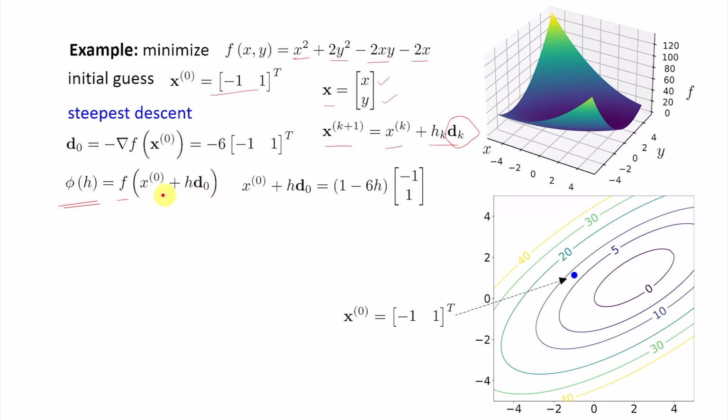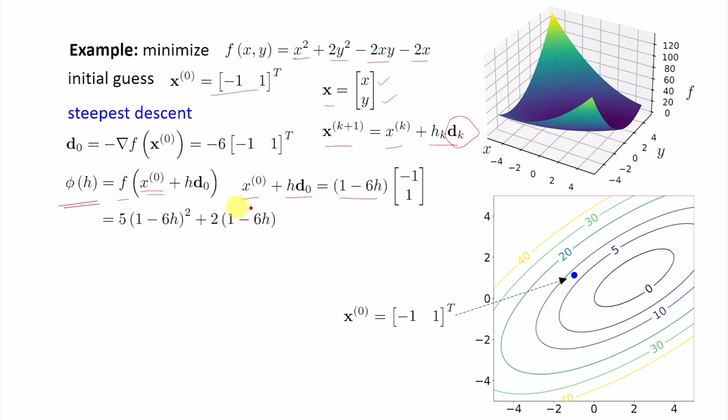This is only a function of h, because x1 is x0 + h d0. X0 is known, (−1, 1), and d0 is known, so if I sum it up, I get (−1 + 6h, 1 − 6h).